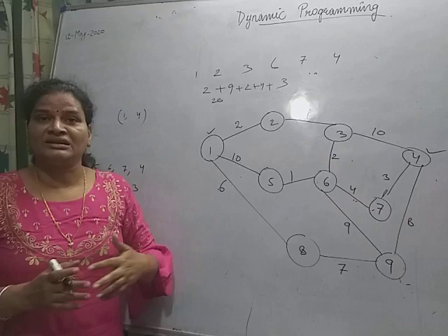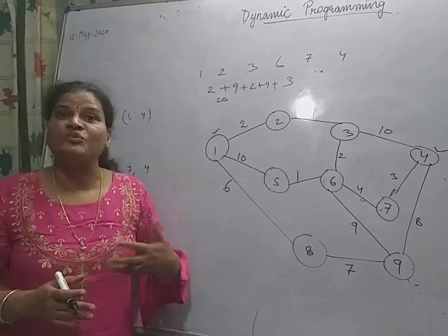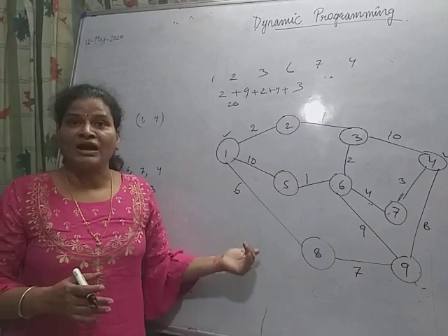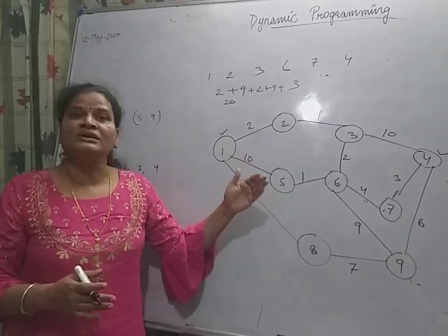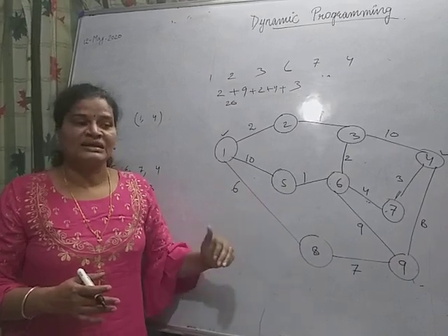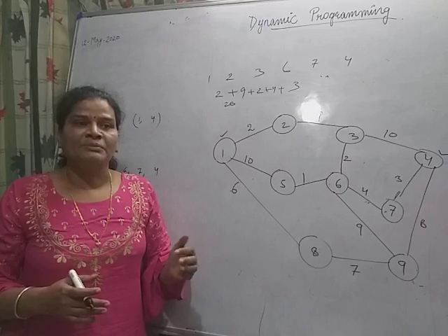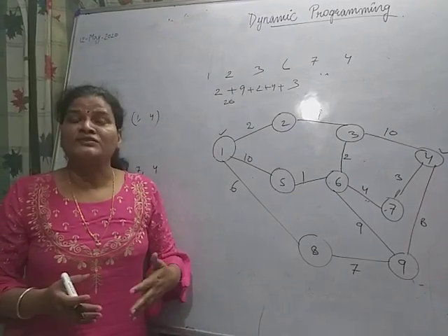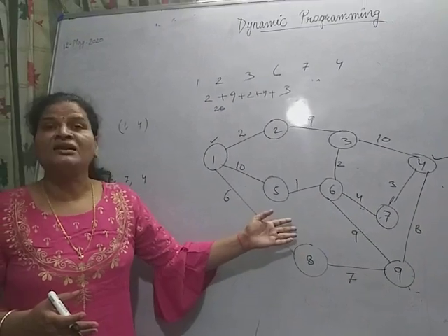There are a number of decision sequences, and we have to find the cost of all the decisions. In this way the brute force approach can be applied, but there can be a huge number of decision sequences if the number of objects is large.